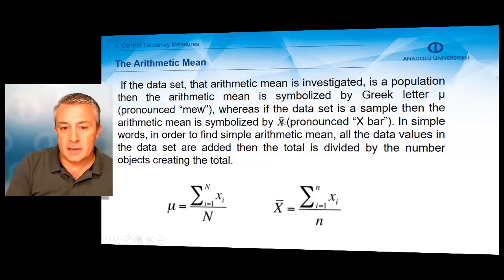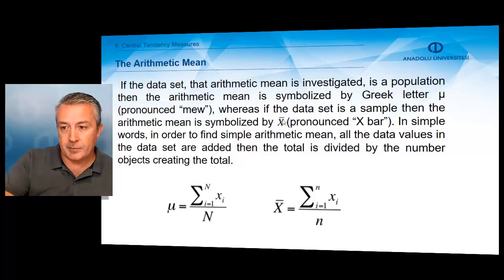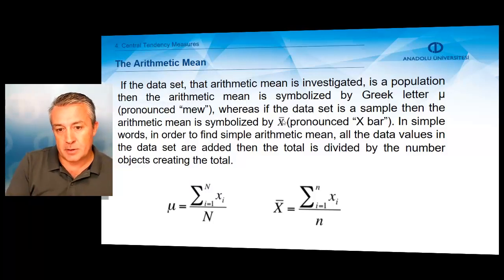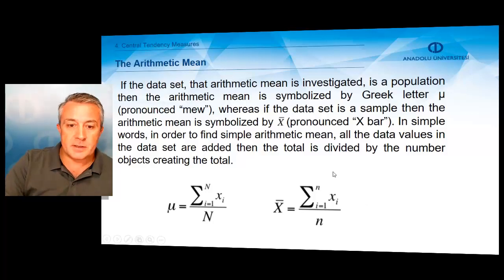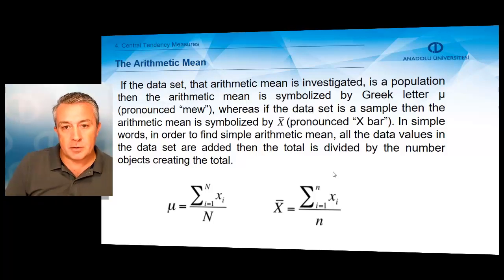So x bar is for the arithmetic mean, but what kind of arithmetic mean? It's the sample arithmetic mean. So rather than working with the population arithmetic mean, if you take small random data points and calculate the arithmetic mean, we will use x bar, and the formula is almost the same. The arithmetic mean is just summing up all the observation values and dividing by the number of objects.